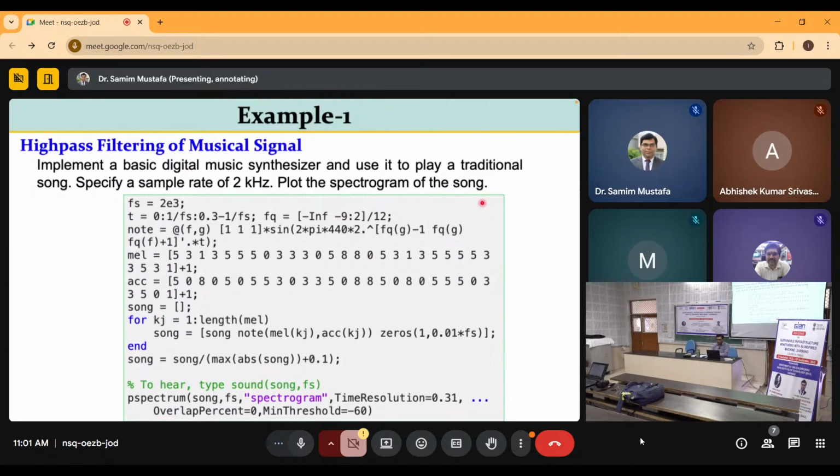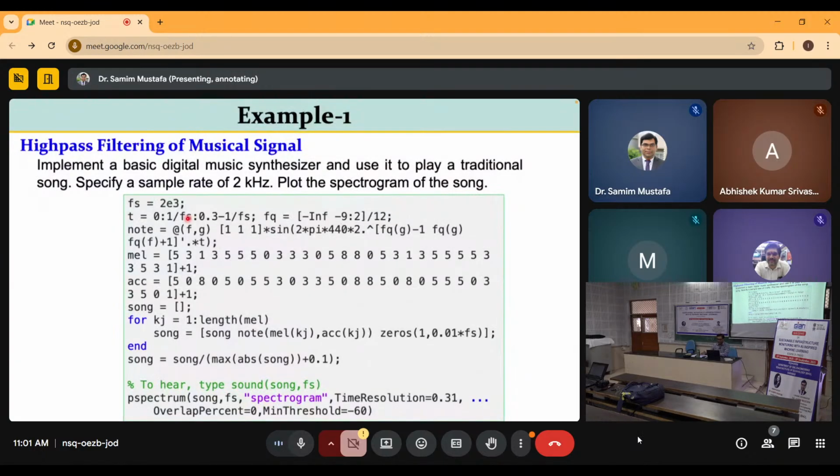Okay, so first you proceed with writing the sampling frequency, which is 2 kilohertz, so 2E3 in short you can write. Then the corresponding time you can calculate. If this is the sampling frequency, the length of the song is, for example, 0.3 seconds. So the time vector goes from 0 to 0.3 in steps of 1 by fs, the sampling point interval.